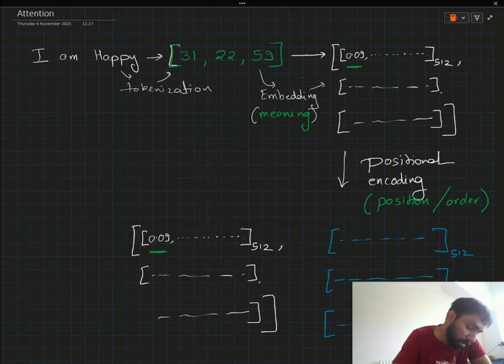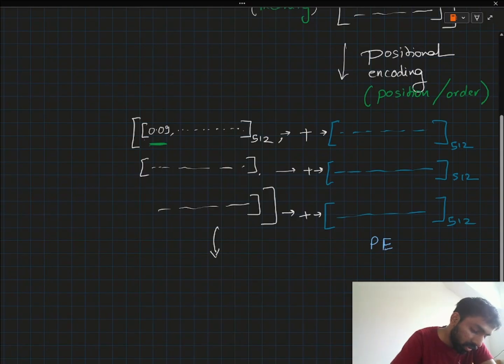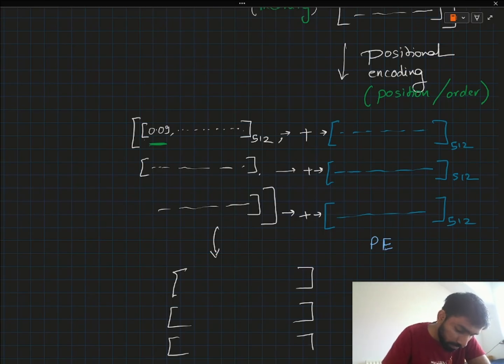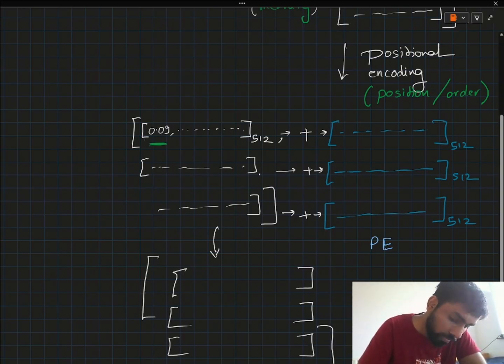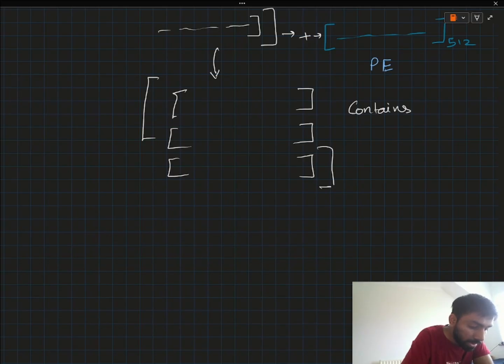Now this gets added to this, this gets added to this, which generates a new 512 dimension vector representation, which now contains meaning plus positional encoding.